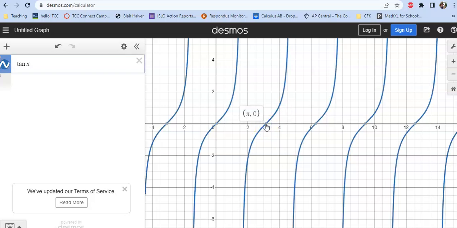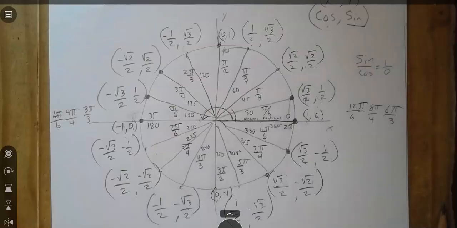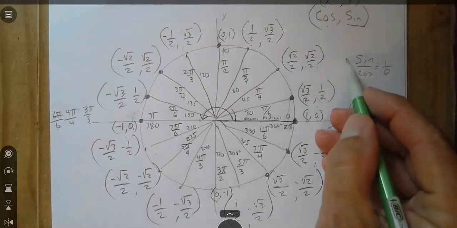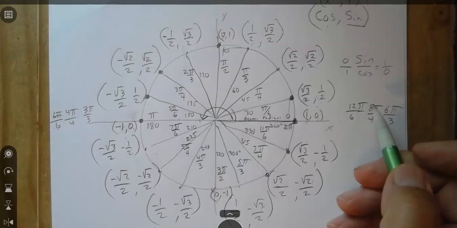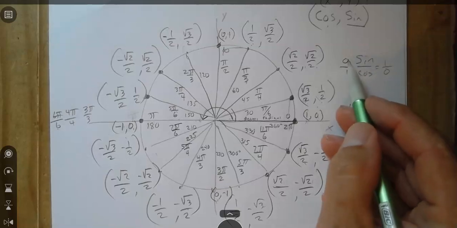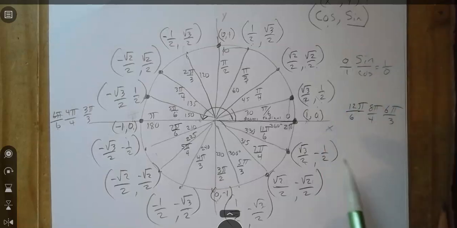And where is that? Every pi. So 2 pi, 3 pi, 4 pi, 0, negative pi. So at every pi, I'm at 0. Why is that? Because if I have 0 as a numerator and whatever as a denominator, it's 0.